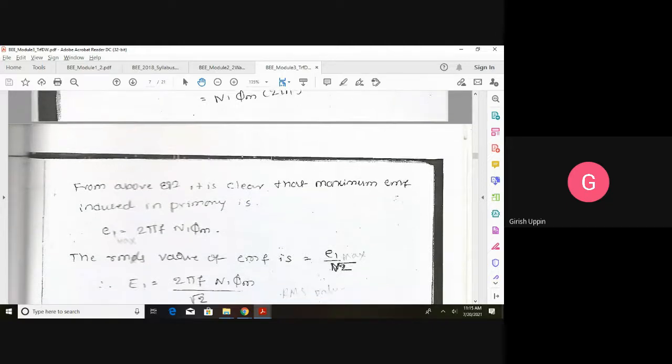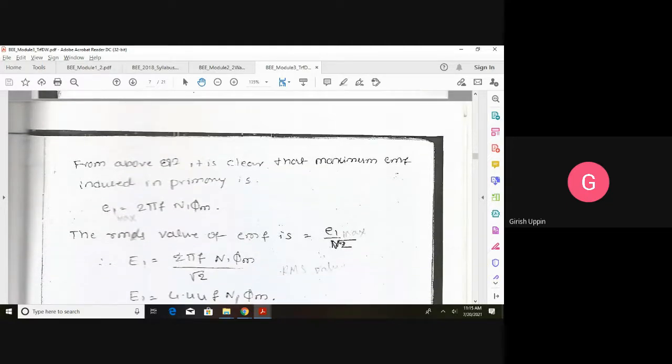If you want to represent it as an RMS value, I want to know the RMS value of the primary induced voltage. We know the relation between the RMS value and the peak value: the RMS value is equal to 0.707 times the peak value. Therefore, the RMS value of the primary EMF is E1 max divided by root 2. 1 by root 2 is nothing but 0.707.